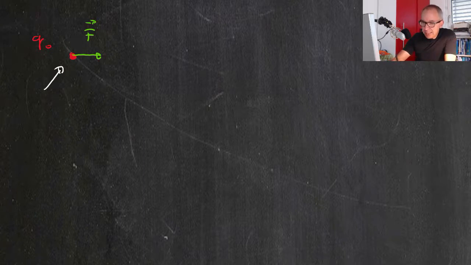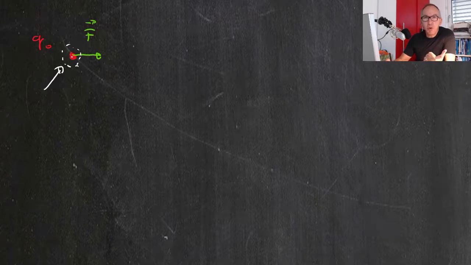But what we can say is that at this position, the charge experiences a force to the right. This force depends on the source that we don't know, and of course it also depends on Q0. So for example, if we take a larger charge Q0 and place it there, we will experience a larger force.